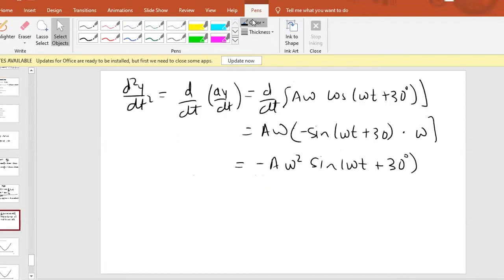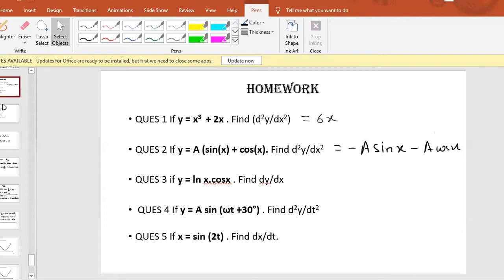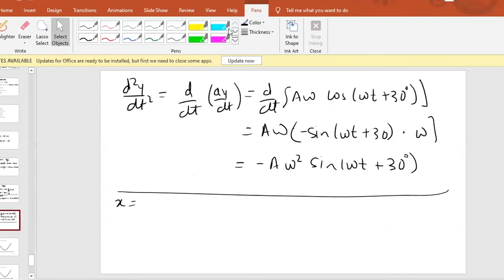So x is equal to a sine 2t. We have to find dx by dt, so we differentiate this function with respect to t.